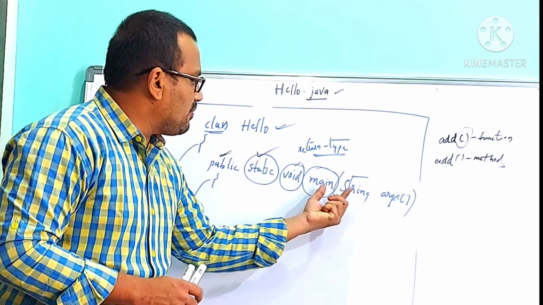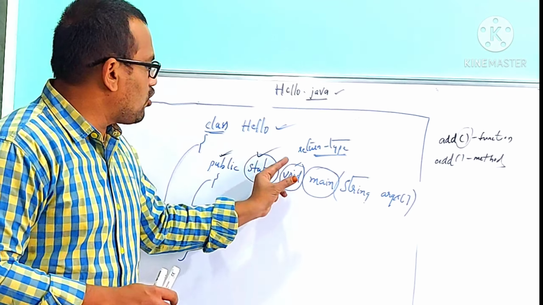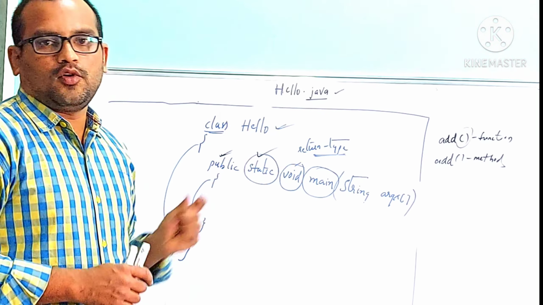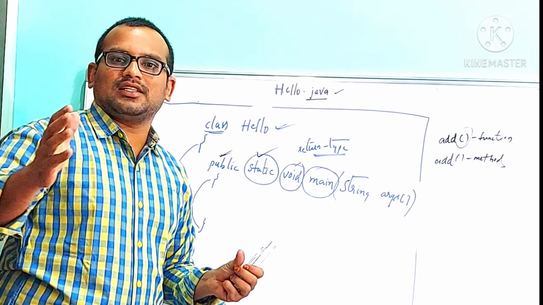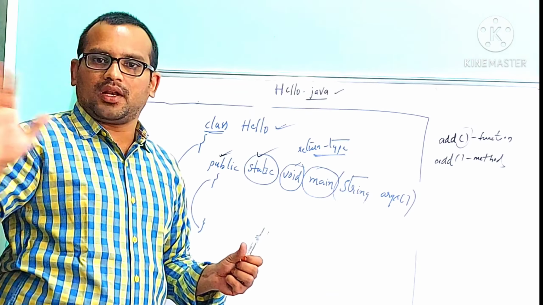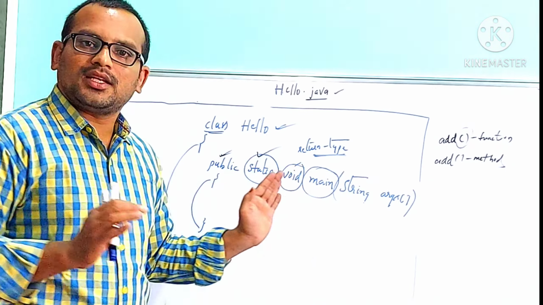If it is going to return a real value, a float value, then instead of void you can use float. What is meant by return type we will discuss in the methods concept. Don't worry. Until that time, remember: public static void main.